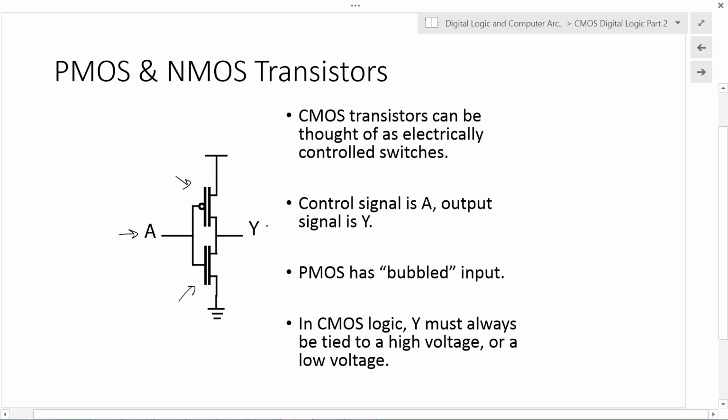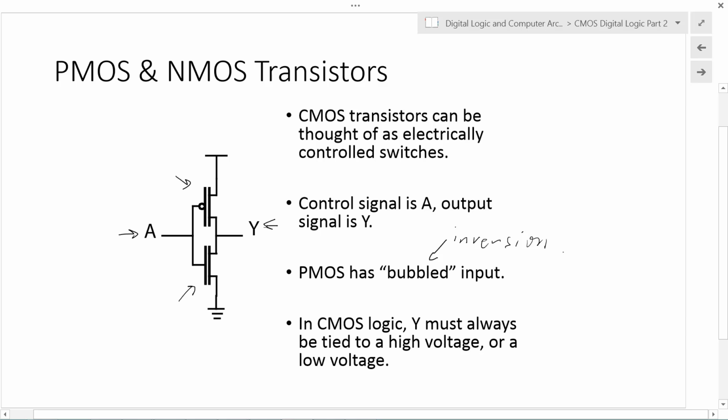We have our output signal Y here. The PMOS has what's called a bubbled input. The bubbled input can be thought of here as an inversion. So anytime you see a bubble, either in the transistor or on a logic gate, think of an inversion.